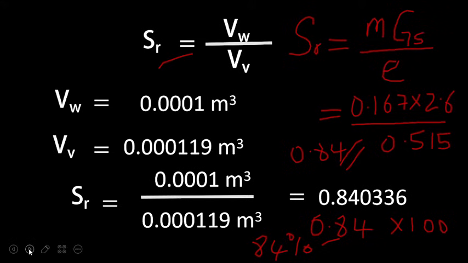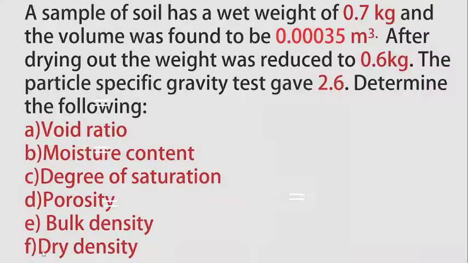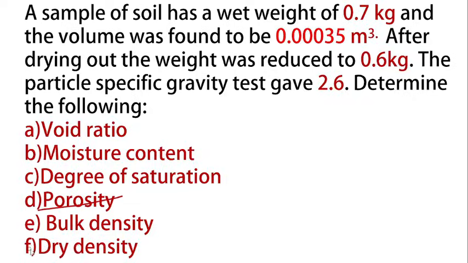So next, we are going to calculate the porosity. Porosity can be defined as the amount of pore or open spaces in a soil.